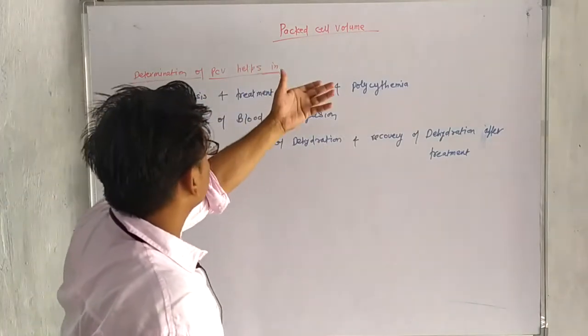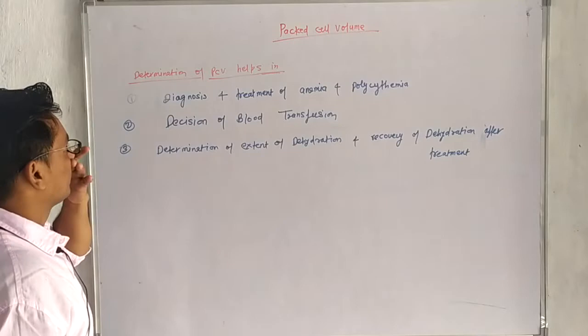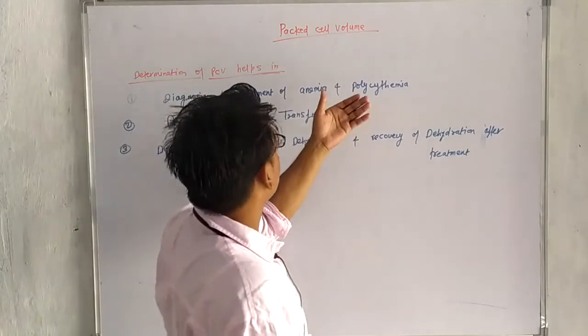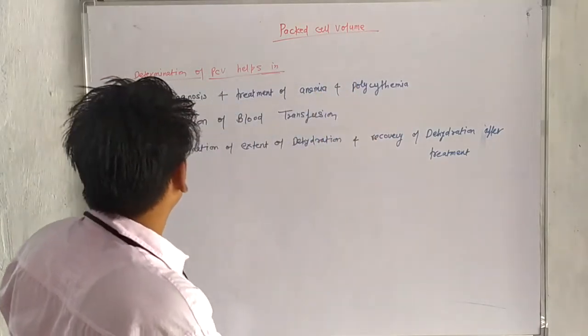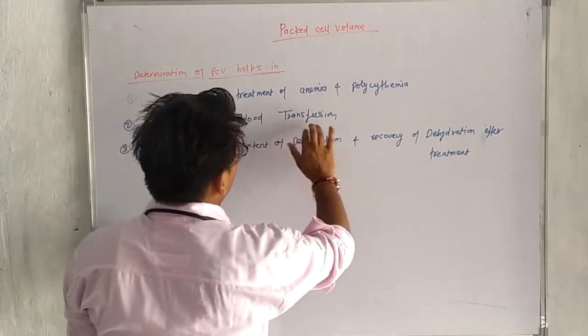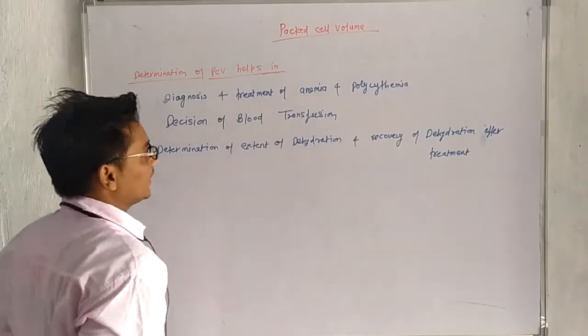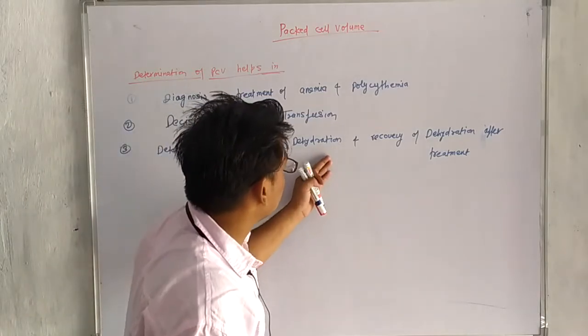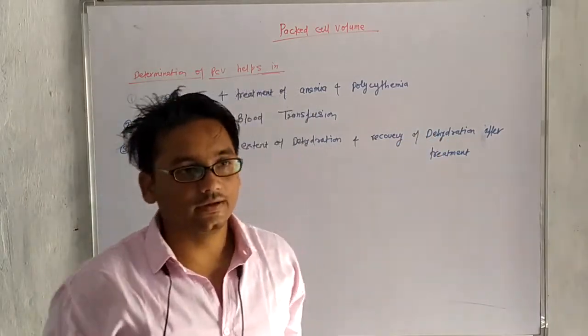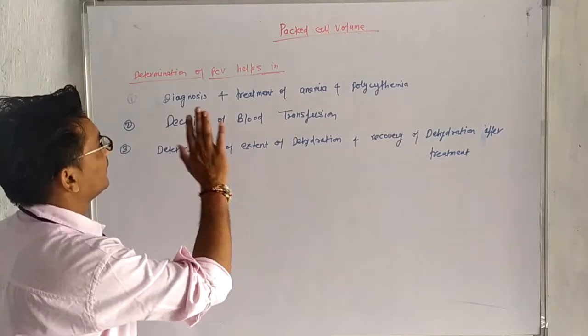Determination of PCV helps in diagnosis and treatment of anemia and polycythemia, decision of blood transfusion, and determination of extent of dehydration and recovery after treatment.